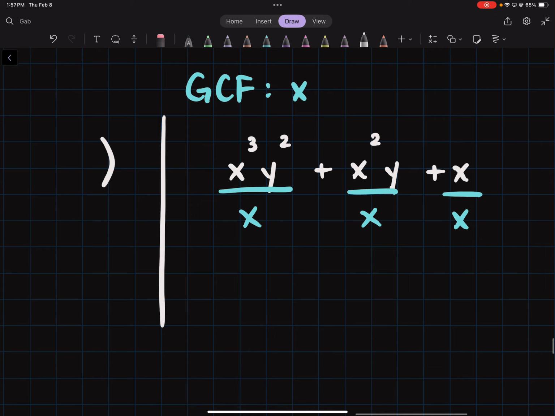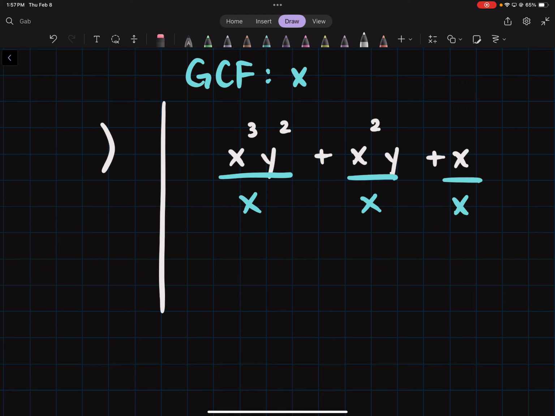What is left? x squared, and 2 of them. Anything to divide the y's? No, so you just drop it down. So y squared. Okay. The next one is x squared divided by x. Just x. Anything for the y's? No. So you drop down the y.